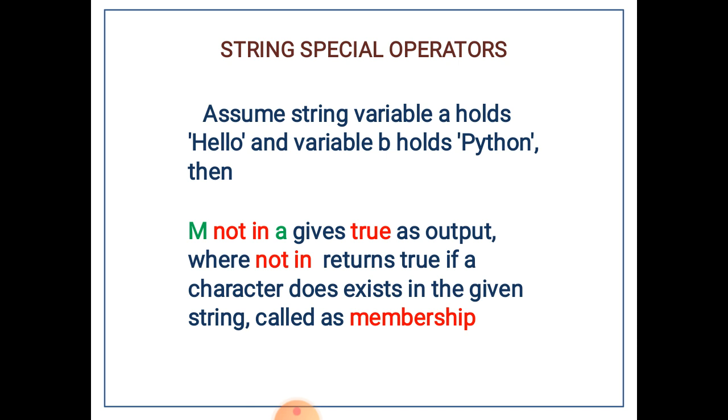So observe the difference: in gives true if a character exists in that string, and not in gives true as the answer if a character does not exist in that string. We can see the example here: M not in A. A contains the string hello and M is not there in that string.